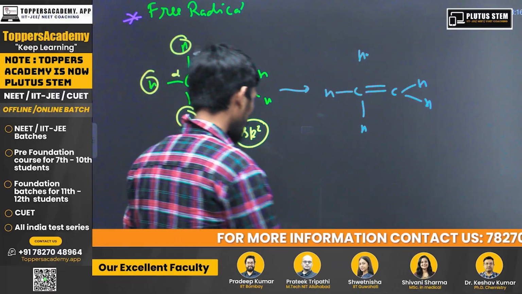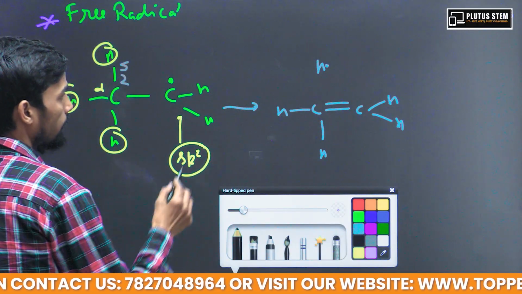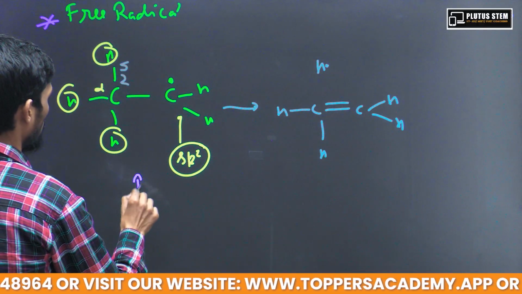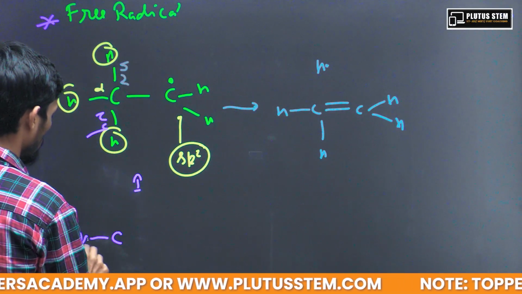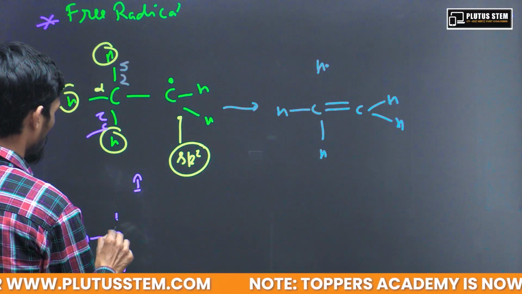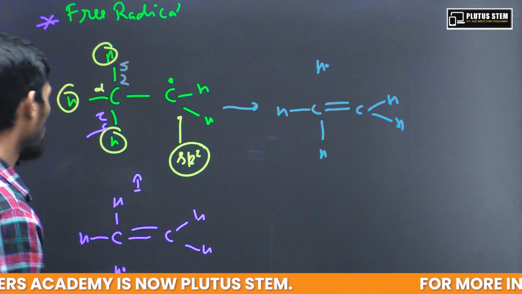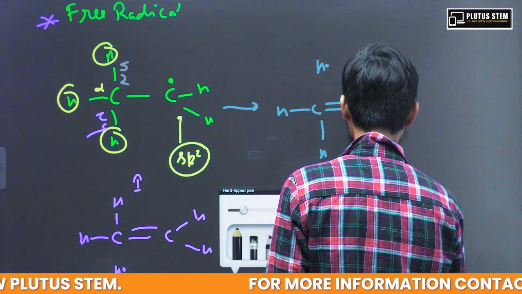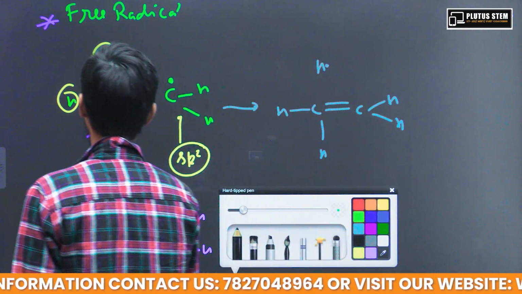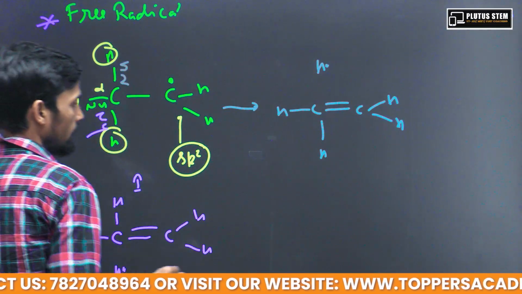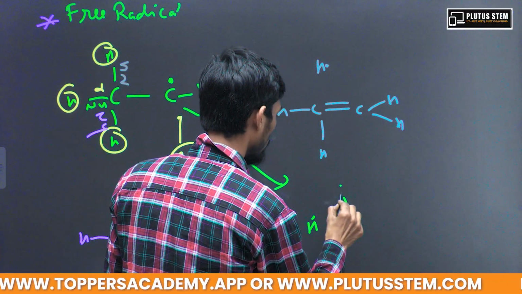So like this we are having this bond. The same phenomenon can be repeated with different hydrogen. The same hydrogen can also show this. This one, and the third hydrogen can also show this phenomenon like this, and we are going to get a free radical.